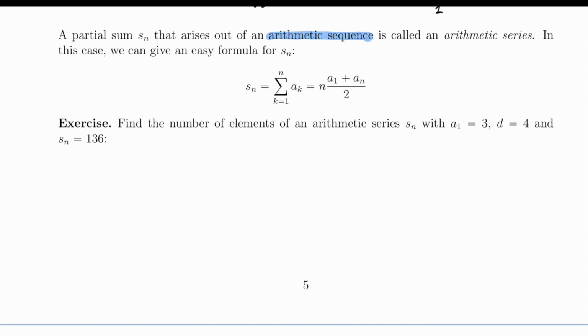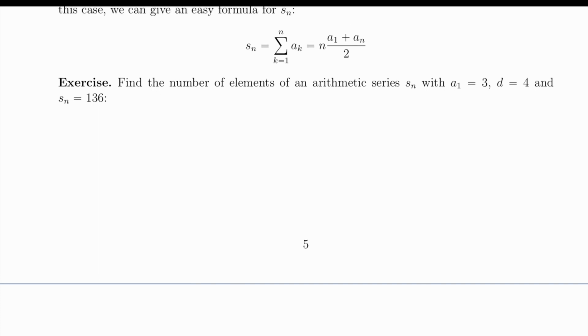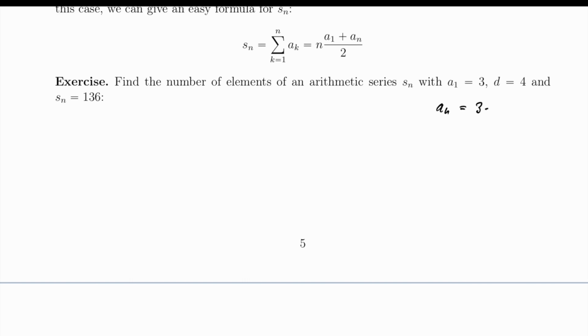All right, then again we solved some examples here together. And here, for instance, you're given Sn is 136, and you have a1 is 3, the difference d is 4, so you directly know, hey, an is 3 plus (n minus 1) times 4, and you know that Sn from the formula above is n times (a1 plus an) over 2.